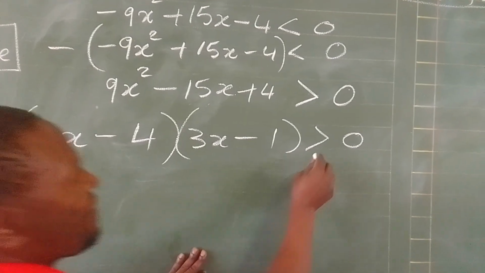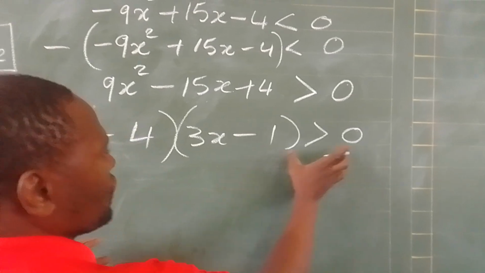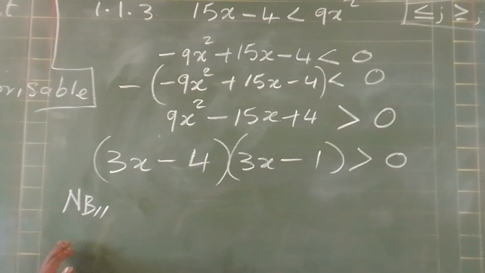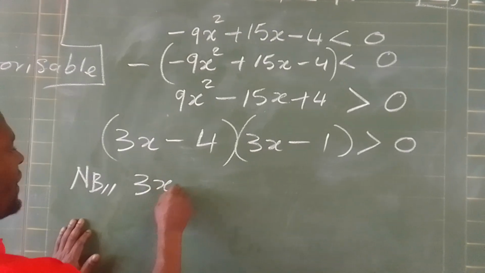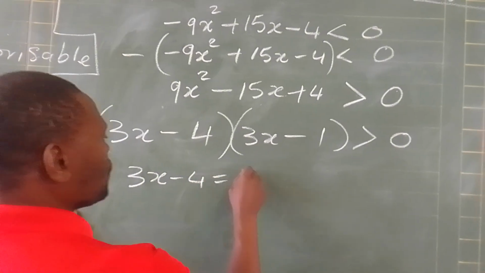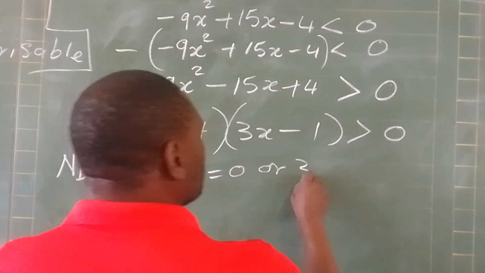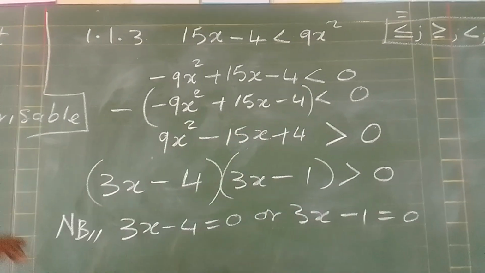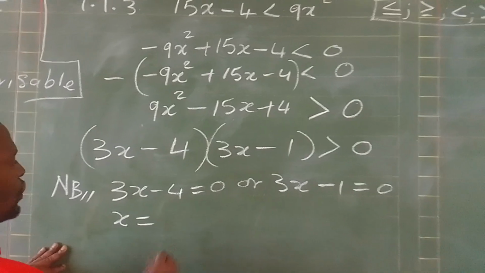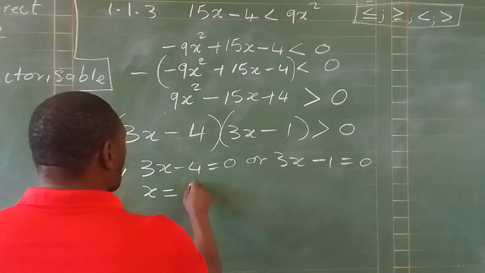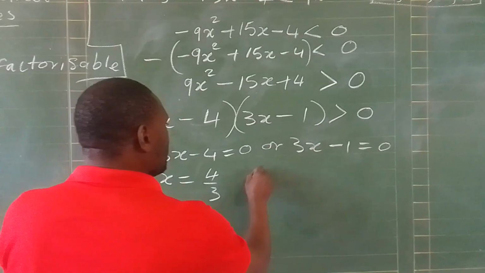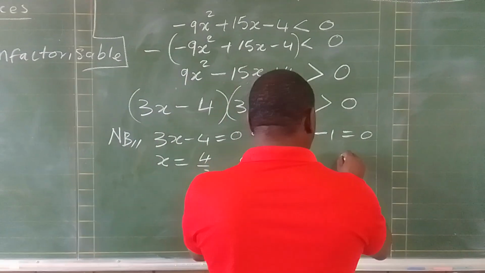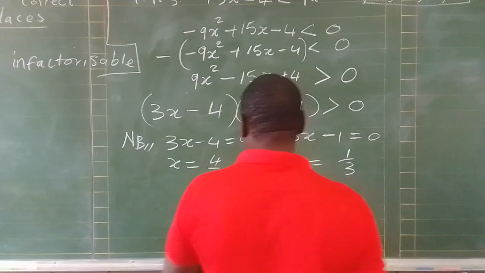From here, once you have the inequality, you don't solve it further with inequality. You use the equal sign, whereby you have 3x minus 4 is equal to 0, or 3x minus 1 is equal to 0. Then x is equal to positive 4 over 3, or x is equal to positive 1 over 3.